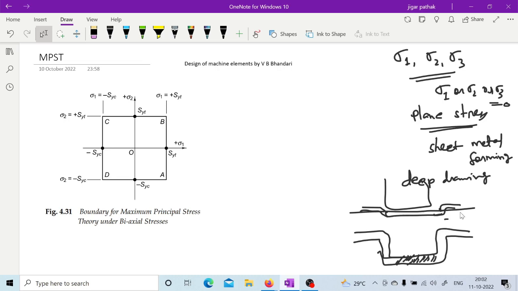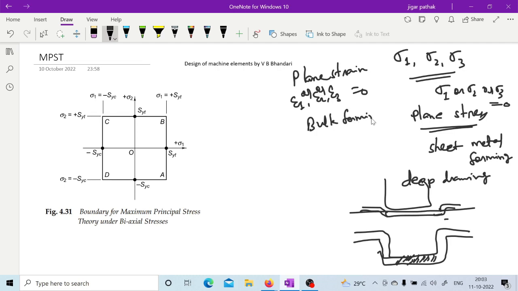Yes, sir. Similarly, the plane strain condition is also there. Plane strain is whenever any of the strains, E1, E2 or E3, is 0, right? Whenever there is any bulk forming operation, like forging or rolling, you have this plane strain condition.